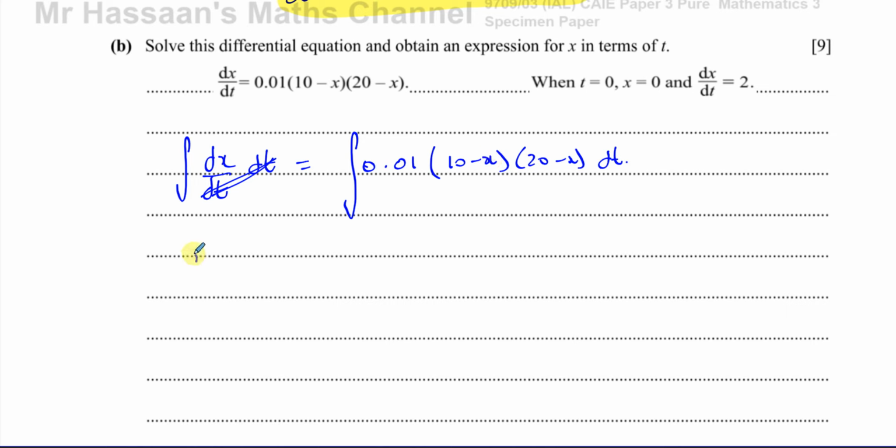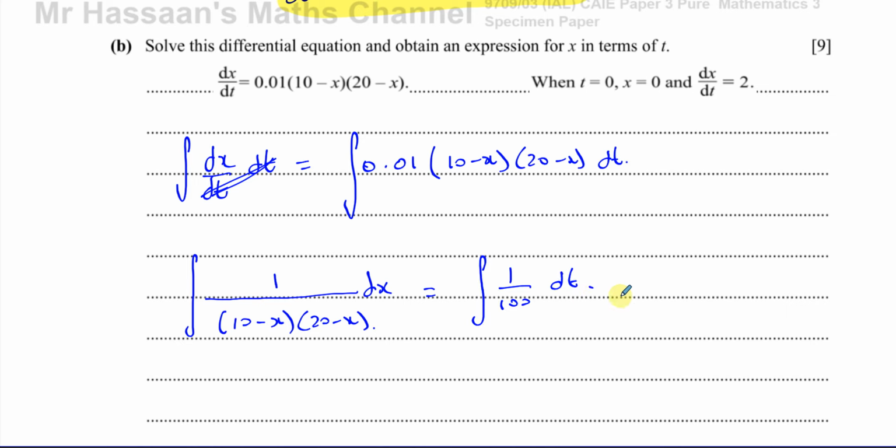So you end up with (10 minus x) times (20 minus x). Let's put 1 on here for now, with respect to x, equals the integral of 1 over 100 dt.